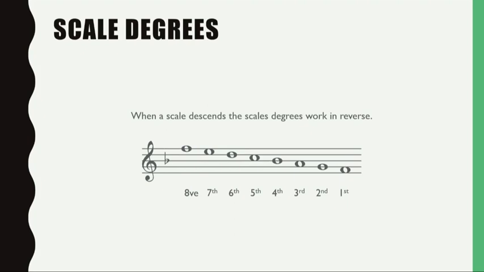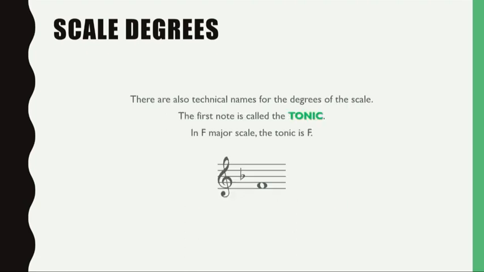In this example, we start with the octave, then we go to the 7th, then the 6th, then the 5th, 4th, 3rd, 2nd, and 1st. It's very important that you remember this, because if we label chords incorrectly, or if we label a minor scale incorrectly, it affects the way that the scale works or the chords work. So when you're working with a descending scale, you start with the degrees at the very bottom, or the lowest note.